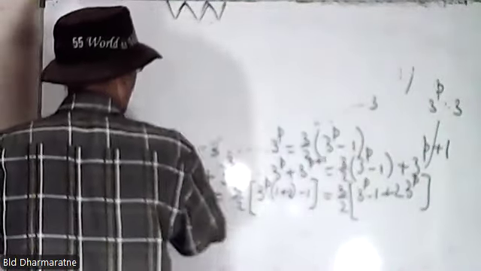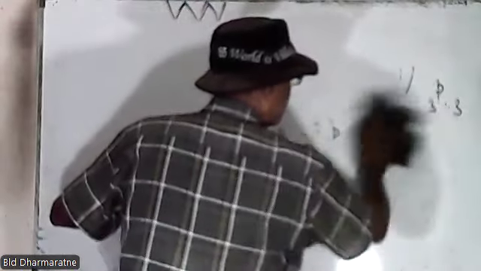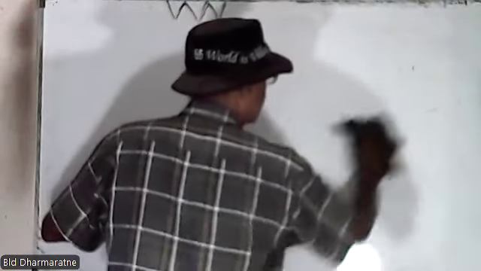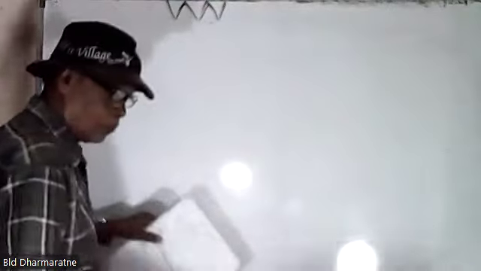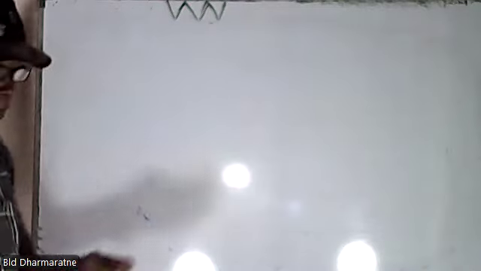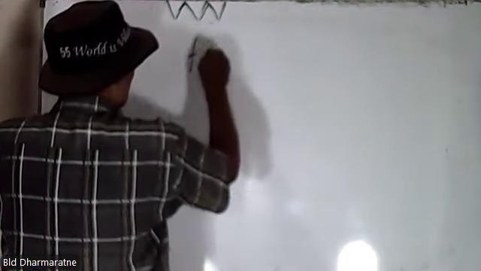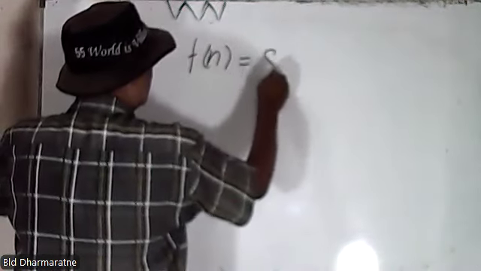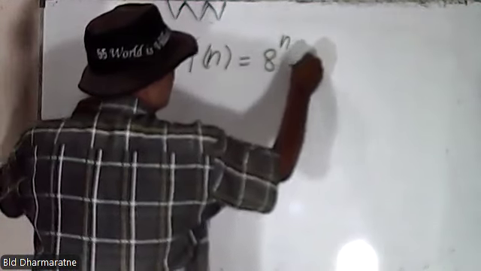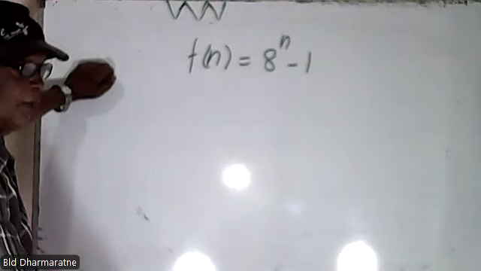Now we are taking another, different one. Fn equals 8^n minus 1 is divisible by 7.